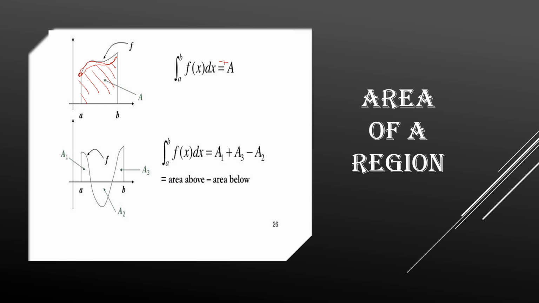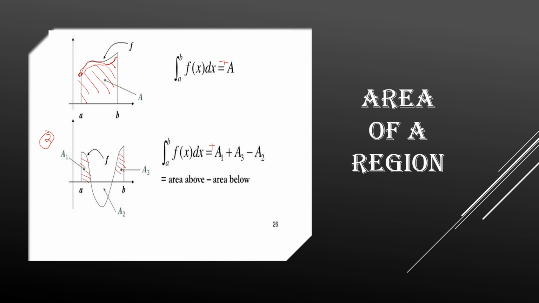Now similarly, look at figure number 2. Some of the curve is above the x-axis and some of the curve you can see is going below the x-axis. The first curve is above the x-axis and is named A1. So in order to find the area, it has to be written with the positive sign because it is above the x-axis.